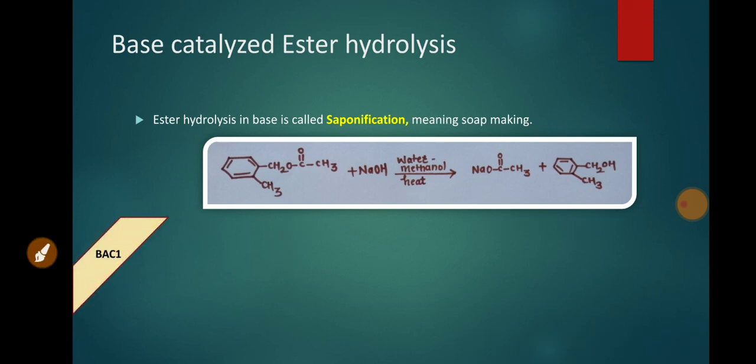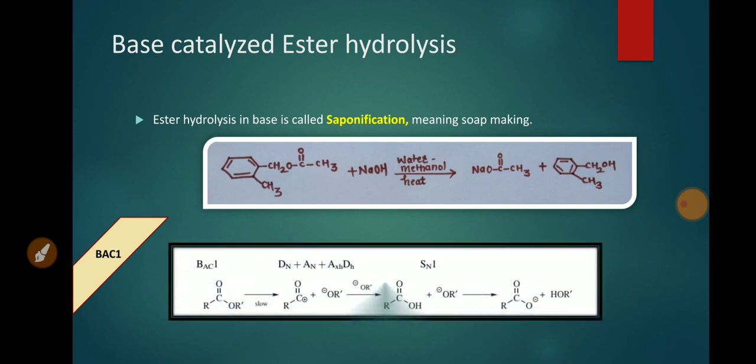This sodium salt of acetic acid, like glycerin salts, can be termed a soap molecule. Similar to acid catalyzed ester hydrolysis, base catalyzed hydrolysis can also be classified into 4 types. In that, the first one is BAC1, the full form of which is base catalyzed acyl cleavage unimolecular.